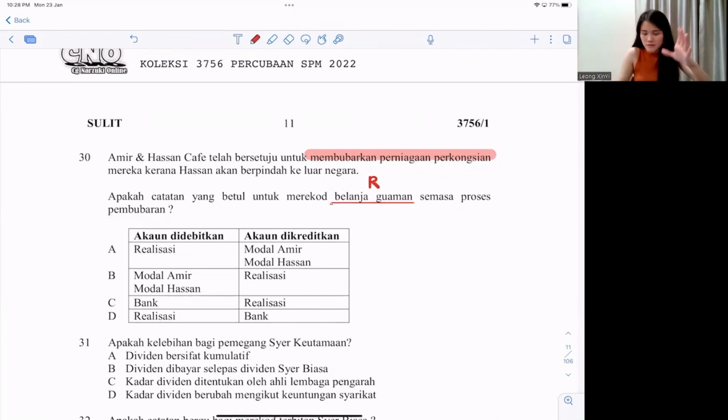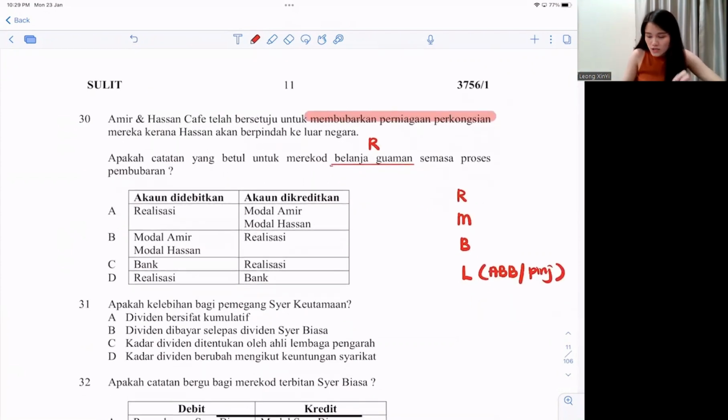So just to remind you, pembubaran perkongsian, you can have only maximum 4 accounts to open: realisasi, modal, bank, and then liability. Any liability, normally it's ABB, or pinjaman. Just telling you guys first. Now, whenever you want to choose hasil or belanja, you put inside here. So why the direction like this? Because realisasi is something that doesn't have a classification.